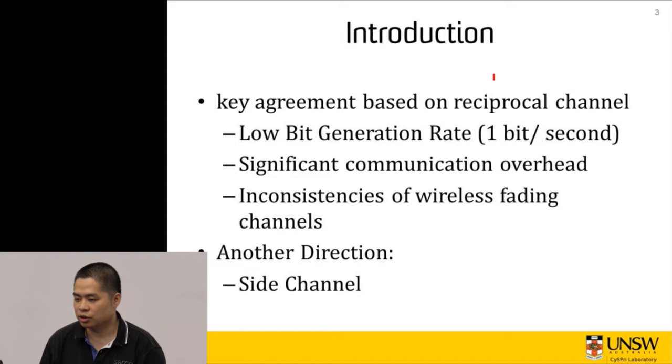They communicate with each other so that they can extract those common features and then generate the shared secret based on them. This method is very suitable for wireless networks.